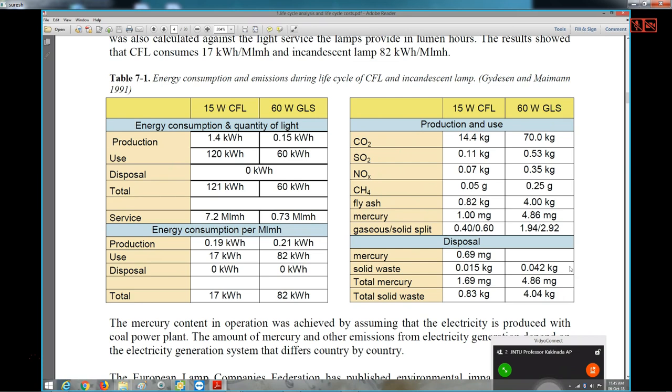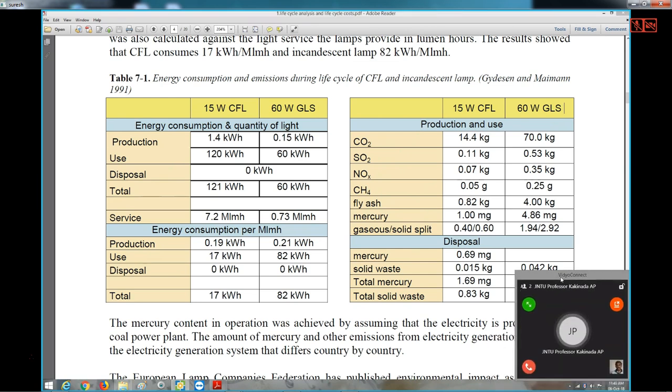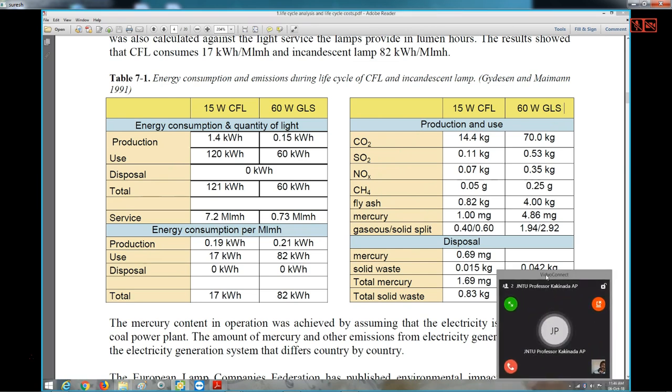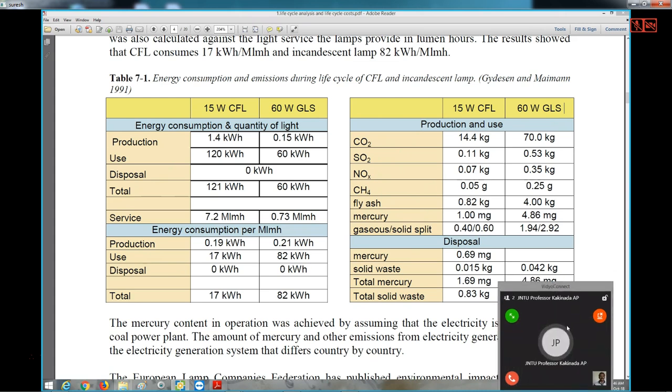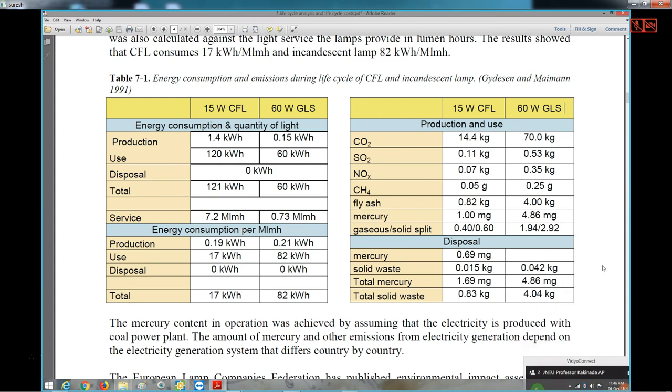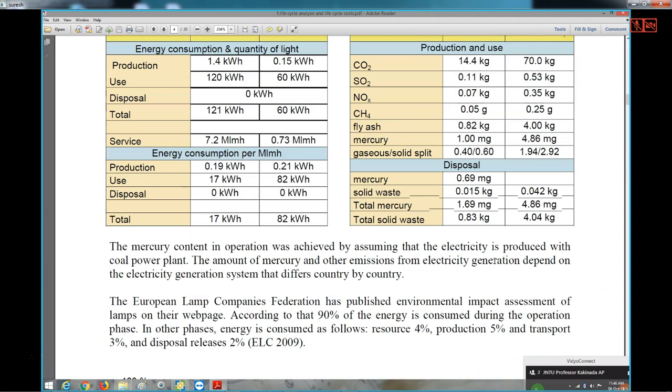Now by looking at this comparison, clearly we can say that the CFL lamps work normally for these working hours and have less energy consumption, with the drawback of releasing mercury related issues when they are disposed. Now regarding this case, here we see the total comparison.